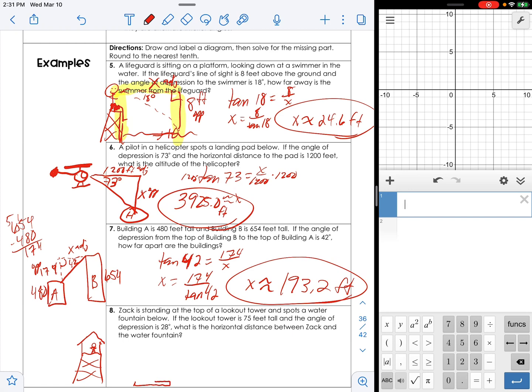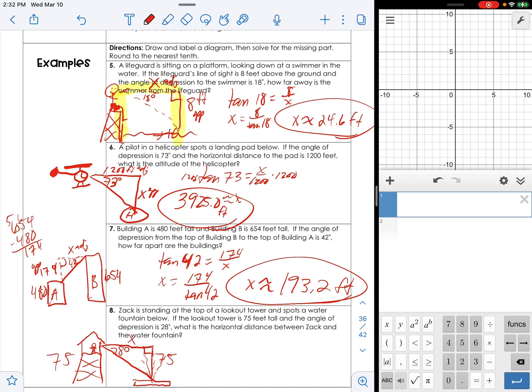So some sort of a water fountain. Okay, so looking this way, looking that way. There's my 90 to the fountain. The lookout tower is 75 feet tall, so that's a 75 over here. The angle of depression is 28 degrees.